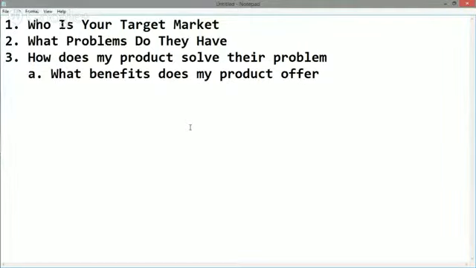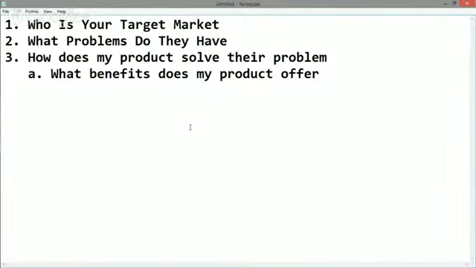Okay, so who's my target market? Then what problems do they have that they might be looking for solutions for? And then how does my product solve that problem? What benefits does it offer that solves a problem that they would have?